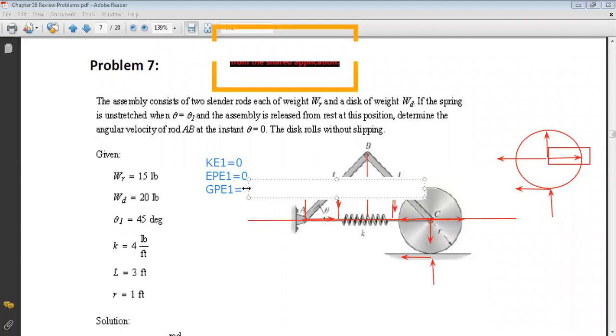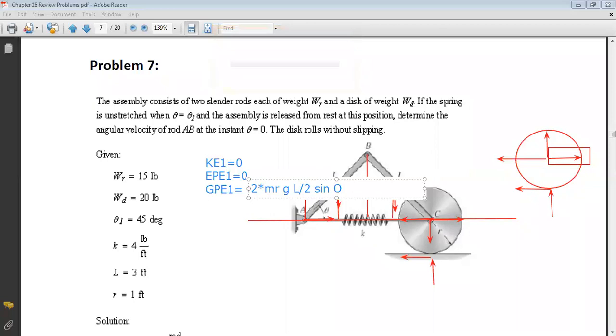So the gravitational potential energy is 2 times m rod times g times L over 2 sine theta. Okay? In this way, I find the gravitational potential at state 1. I am done with state 1.